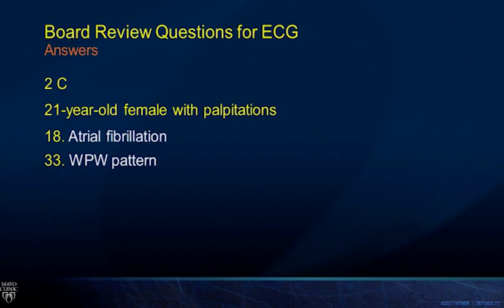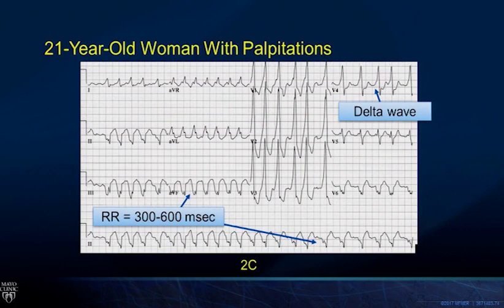AFib and WPW pattern. This ECG is about as guaranteed to come up on the boards as, I don't know, the sun coming up tomorrow. Every year this comes up. And it's one that if you haven't seen it, it's very confusing. And I urge you to look at this, internalize it, and expect it to come up. Okay? Because it will.